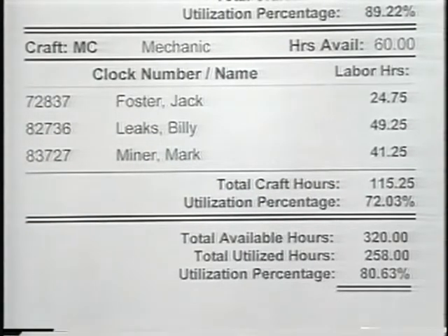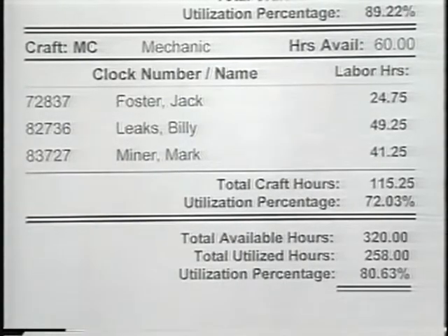Now for the mechanics, we have a total, again, of 160 available hours, and we have a total utilization of 72.03%. I would say that there needs to be some improvement with respect to our mechanical group. And down at the bottom of the summarization of these two, we show the total available hours summarizing the two groups, the total hours actually utilized, and the aggregate utilization of 80.63%.